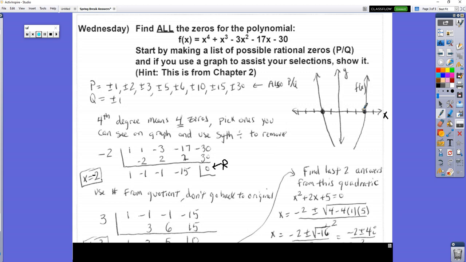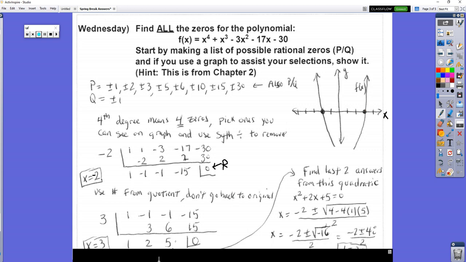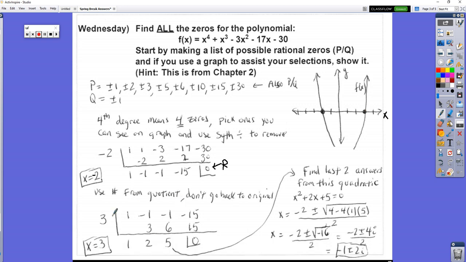And I'm going to go to my graph and pick the next number that I think works, which is, I think 3 works. So this is me doing a synthetic division using the number 3 out in front. So I go through the synthetic division process, and again, I find out here that the remainder turns out to be 0. That indicates to me that x equals 3 was an answer to this problem.